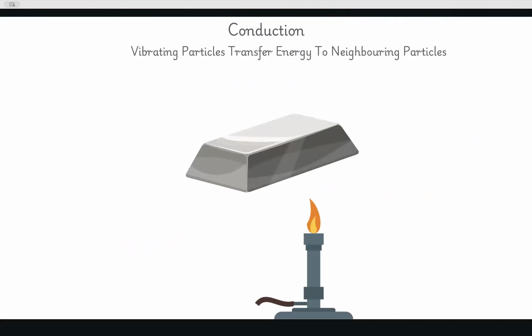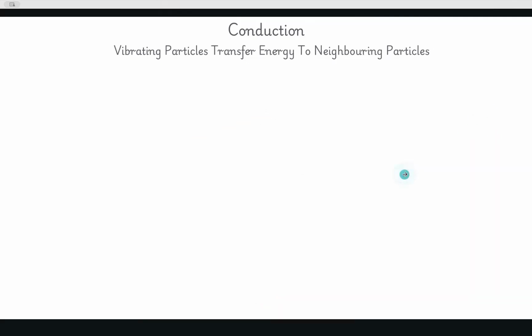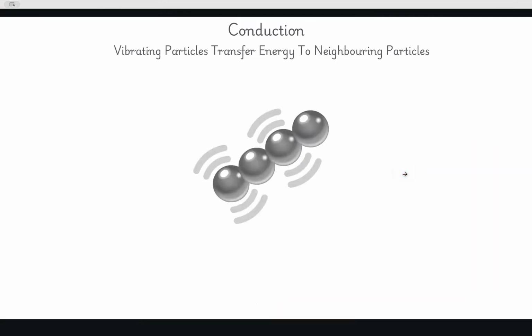So conduction is when vibrating particles transfer energy to their neighboring particles. So if we look at this metal block and a Bunsen burner, when one end of the metal is heated, then because the particles are in a solid arrangement, they transfer throughout this metal.